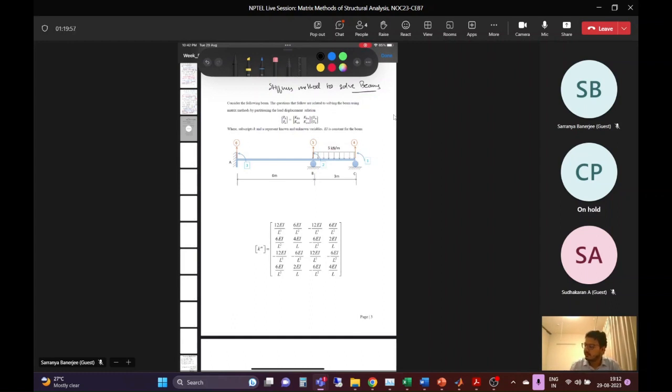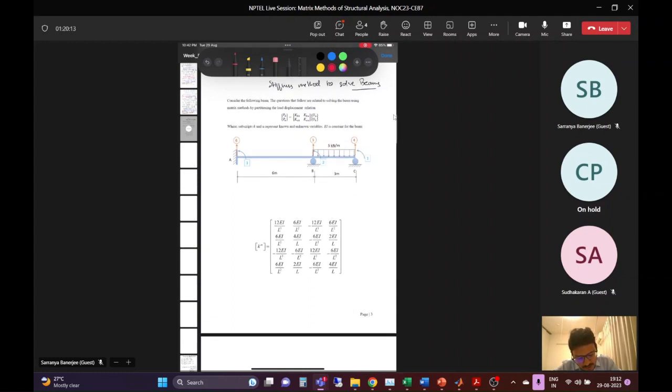So the first thing that we want to do here, in a beam problem, before we start, we have numbered the degrees of freedom in this order. This is one. I will not destroy the figure. All the time I usually destroy the figure. So this is the beam in hand.